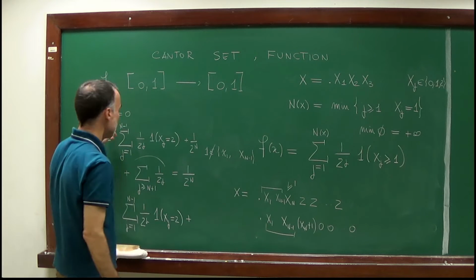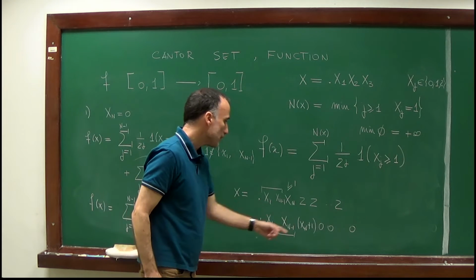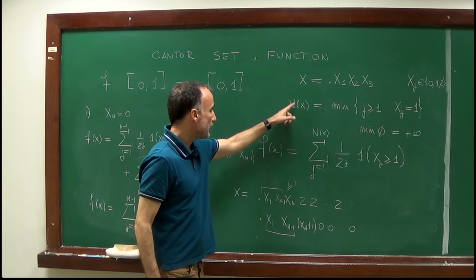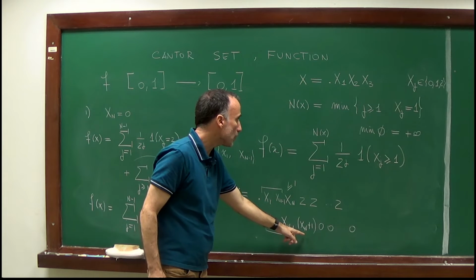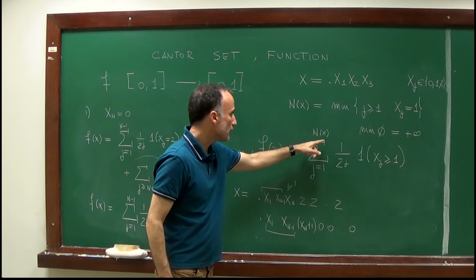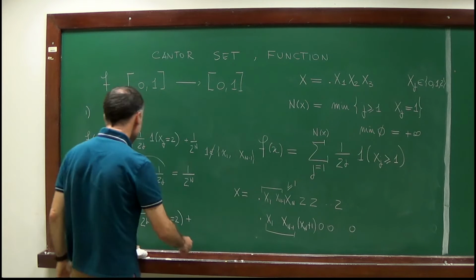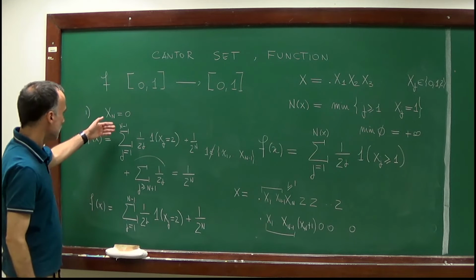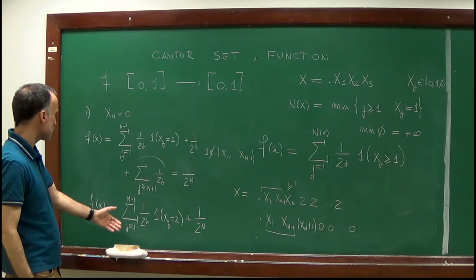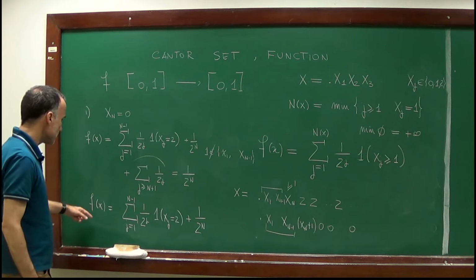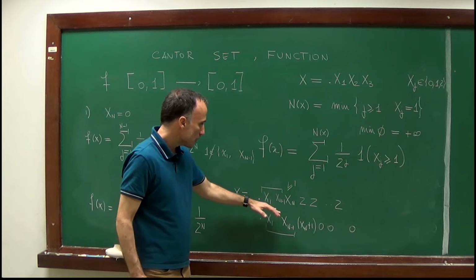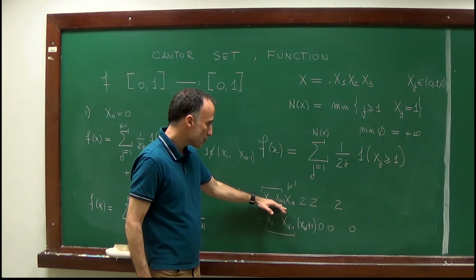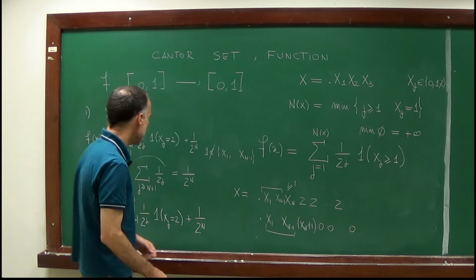Then xn plus 1 is equal to 1. So in this case, nx is equal to n. Therefore, I have to stop at n. And I get a contribution 1 over 2 to the n. And you observe that these two expressions are equal. So f of x takes the same value if we either use that representation of x or this representation of x.